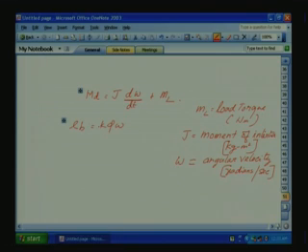This we have talked about in the last class, how to find out. Now, the driving torque MD is also equal to K phi into IA in Newton meter.